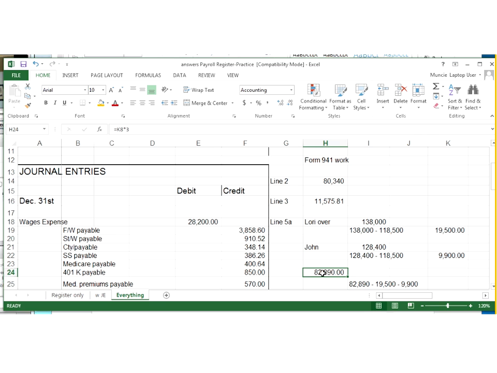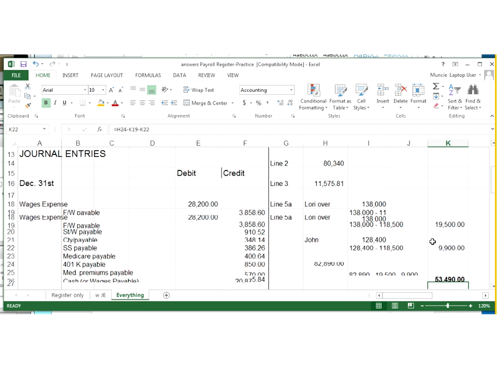So what I need to do is my total Medicare wages, that's the best place to start here. Just pretend there's no caps. So total Medicare wages would have been $82,890. But then when I take in that there were 2 caps involved, I need to take that top Medicare number and then subtract out the $19,500 that Lori was over and the $9,900 that John was over.